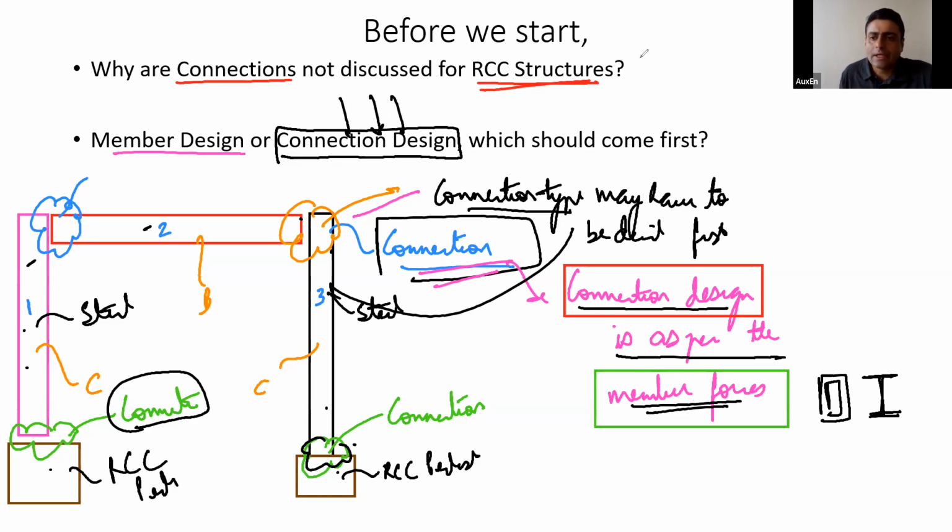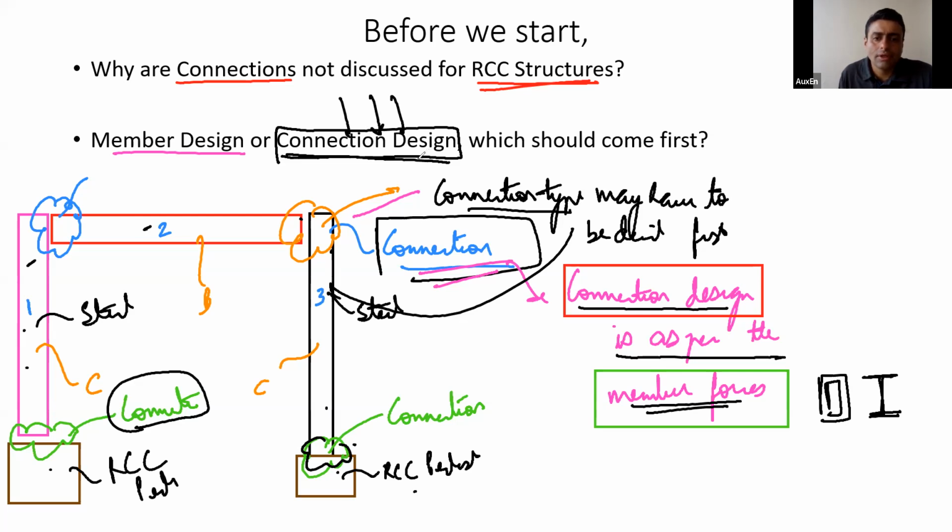So actually that creates quite a lot of confusion when we read the textbooks. When I studied steel design for the first time in college, it was very confusing for me to learn connection designs first, and then learn the member designing. Then I think towards the end of the subject, I understood why connections were taught where they were taught.